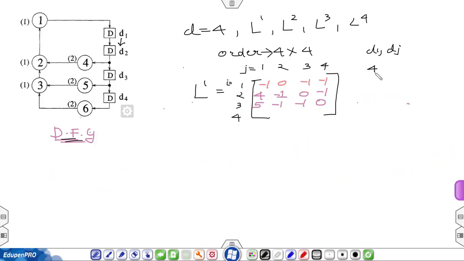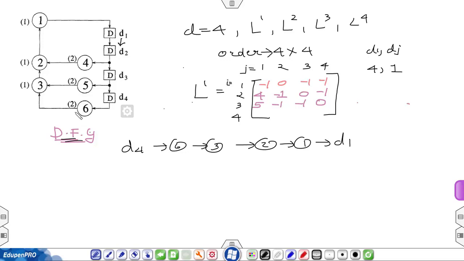Now calculating for 4 comma 1, D4 to D1, one path exists. D4, then node 6, node 3, node 2, and node 1, and then back to D1.